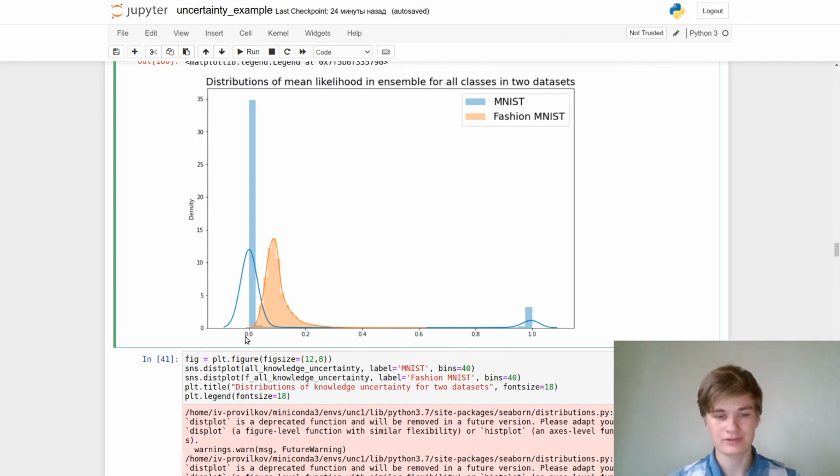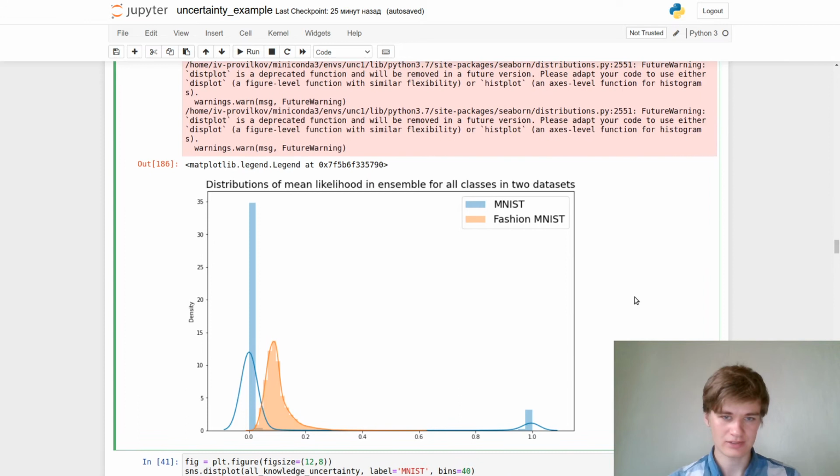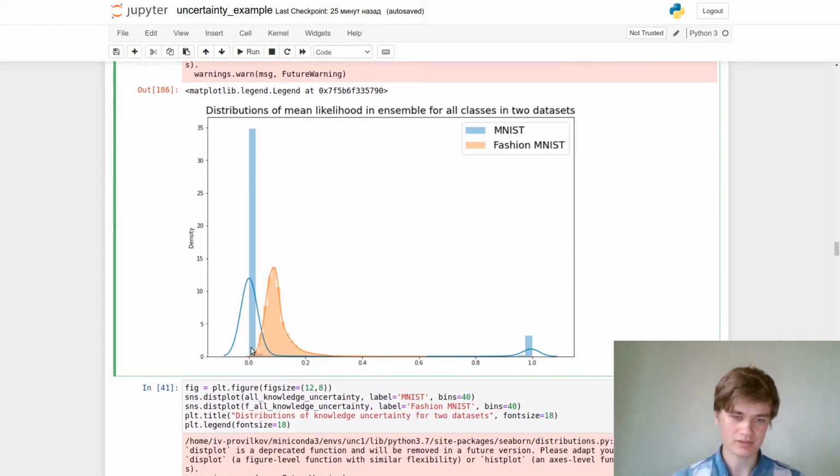Here we have the probability from 0 to 1 of some prediction, and here we have the density of these predictions, which is plotted with KDE in Seaborn, and you can see that on our in-domain data we have in general two classes of predictions.